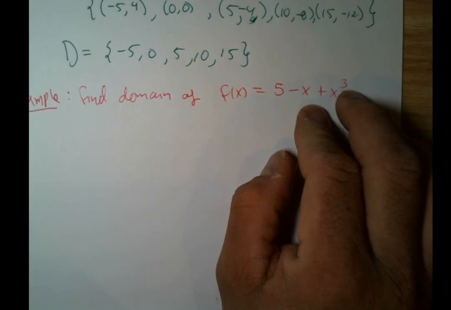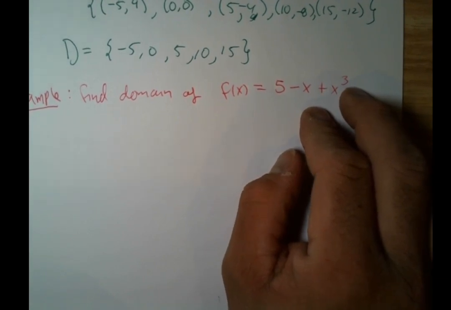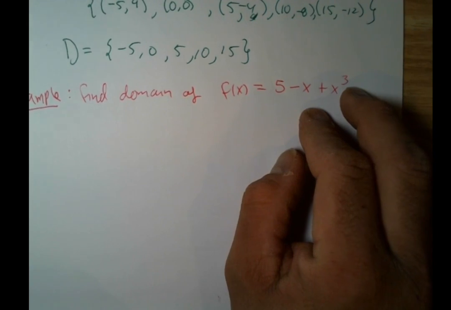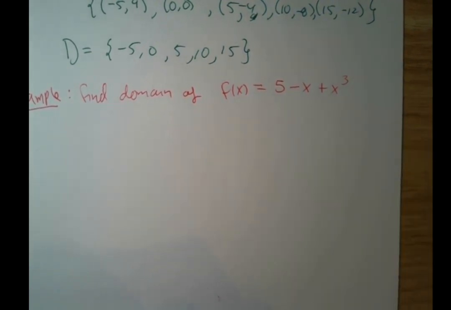Something that would be undefined is dividing by 0. Taking the square root of a negative value is also undefined. I think those are the two major operations that'll show up in this course where you say, oh, that is going to be undefined.